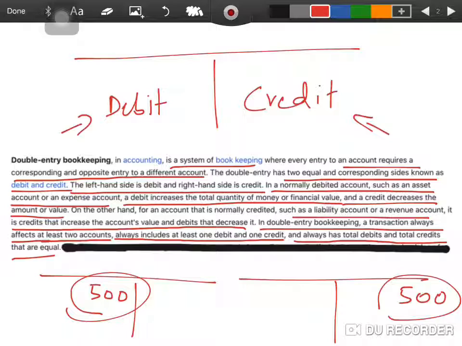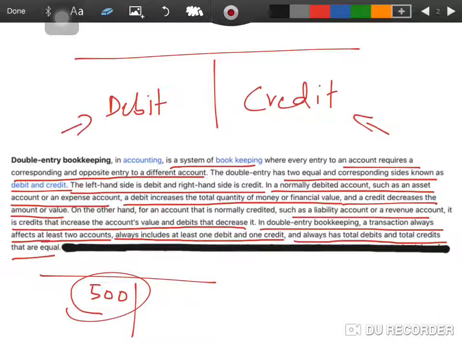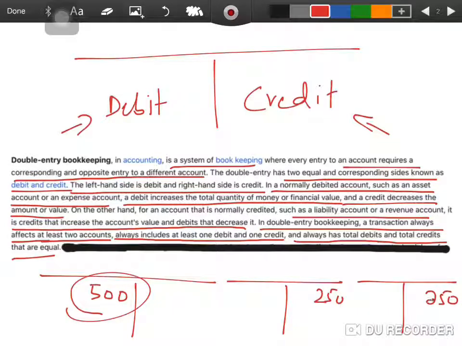This could also mean that if I have recorded 500 on the debit side of a T account, I could actually have two more T accounts, let's say with 250 each on the credit side. So this would mean that 500 was recorded on the debit side, obviously, so 250 plus 250, so 500 was recorded on the credit side as well. This means that we're following the double entry concept.